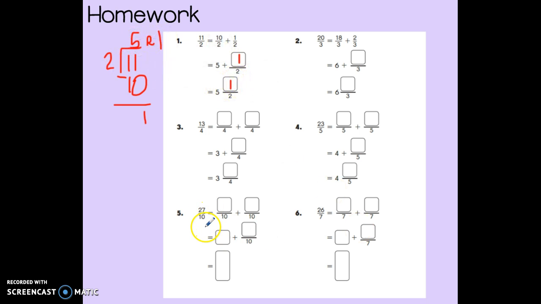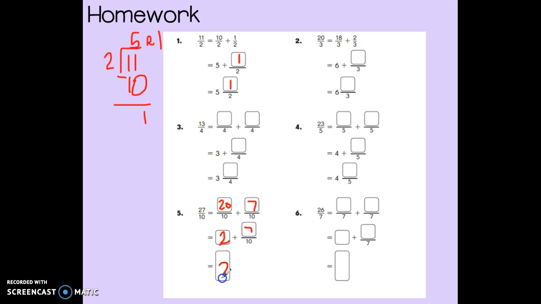Let's look at this problem down here. How many groups of 10 can fit into 27? Let's count by tens. 10, 20, 30 is too many, so I can fit 20 in there. I had 27, I'm taking away 20, so I still have 7 left. How many times does 10 go into 20? 2. And I have 7 tenths left.